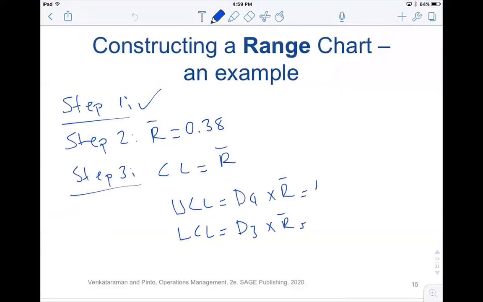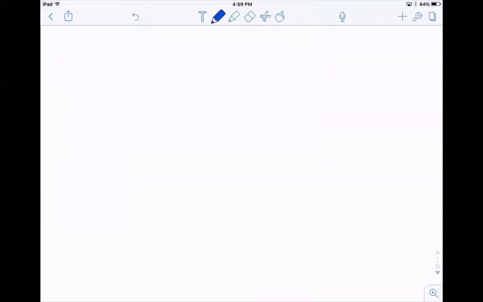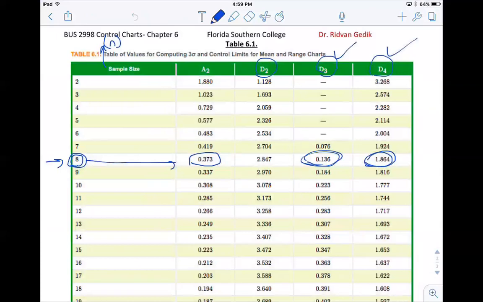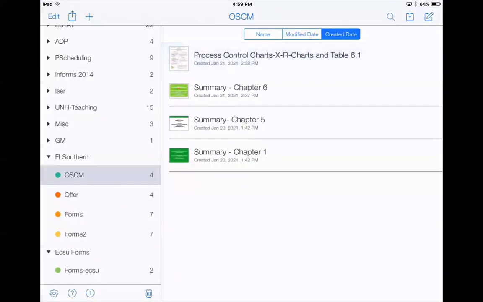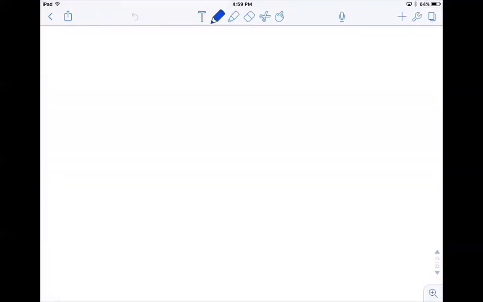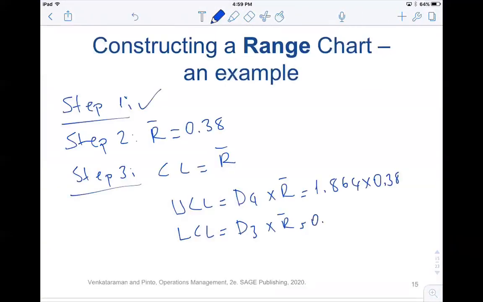You write it down. Our D4 is 1.864 times my R bar, which is 0.38. And my D3, according to this table, is 0.136 times my R bar, and I will calculate these values.